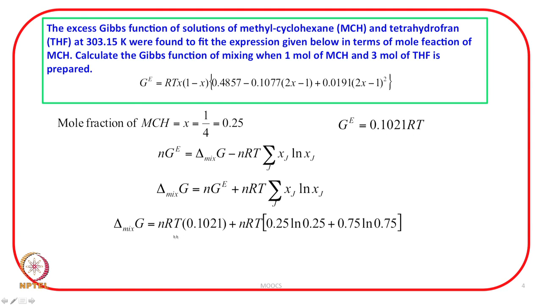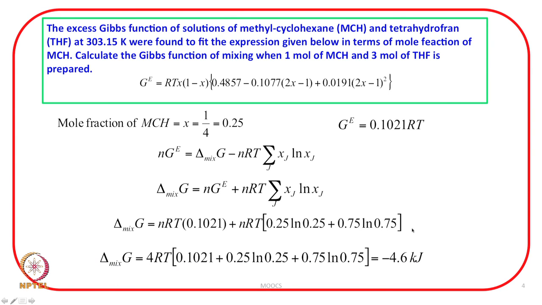We have to, as I said, put N because R is joules per Kelvin per mole. So, therefore, we put for N, N is equal to 1 plus 3, as we just discussed, N is equal to 4. And then mole fraction of MCH is 0.25. So, obviously, mole fraction of THF is 0.75. So, once you solve this, you get the value equal to minus 4.6 kilojoules.